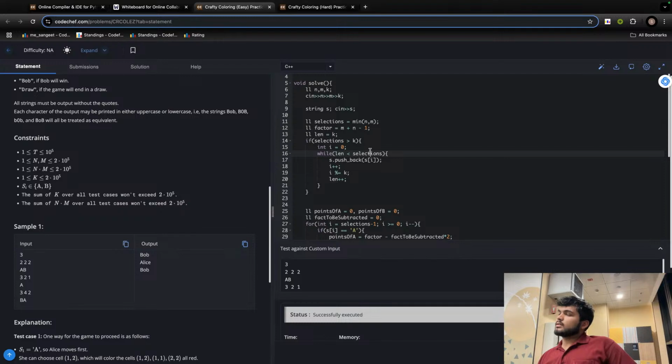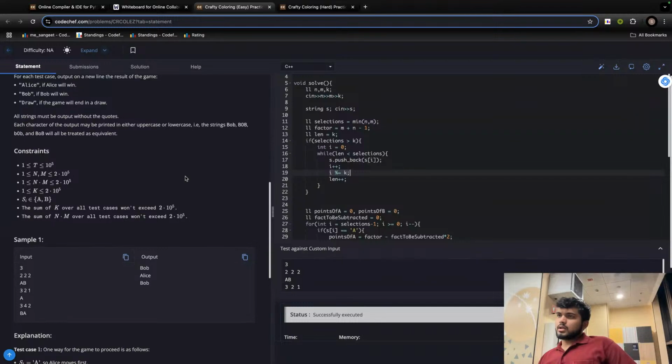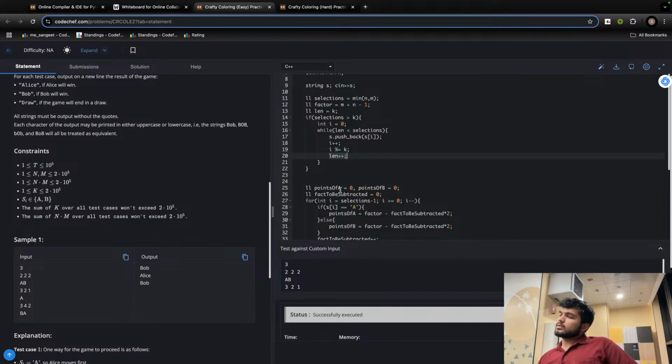While the length is less than selections, keep pushing this, keep increasing this, and keep modifying this. Okay, and B, yeah, i mod k, and then the length will be increased.